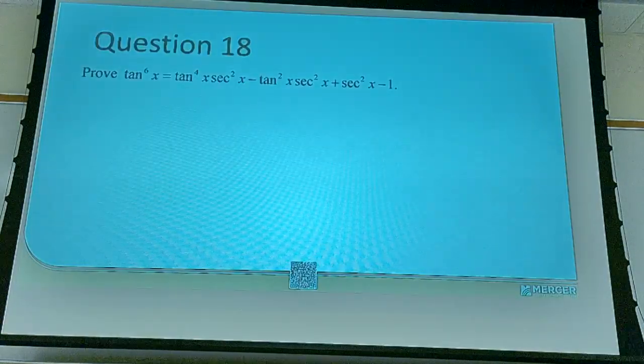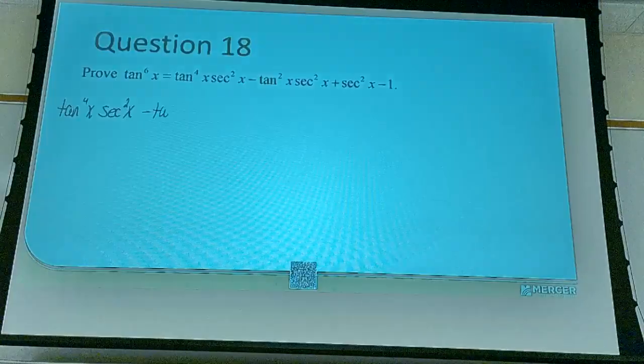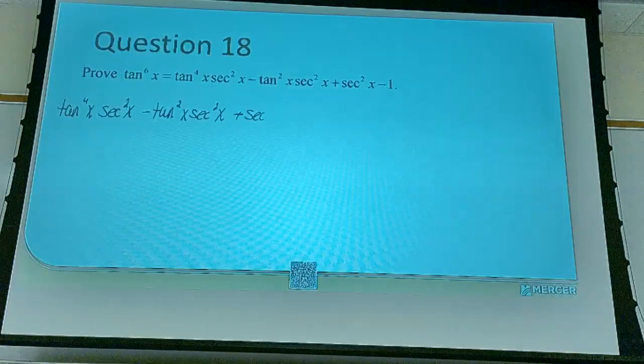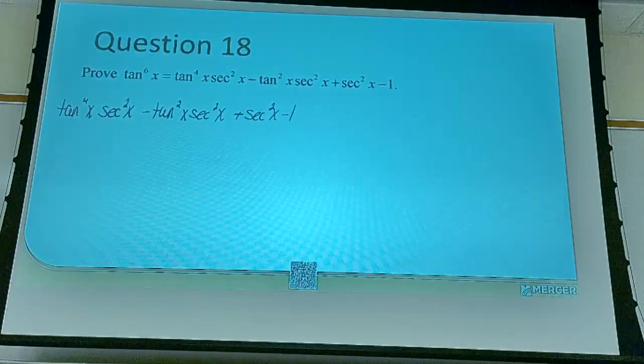Okay, that's what I'm going to do. Okay, let's try this. Start with the right-hand side.